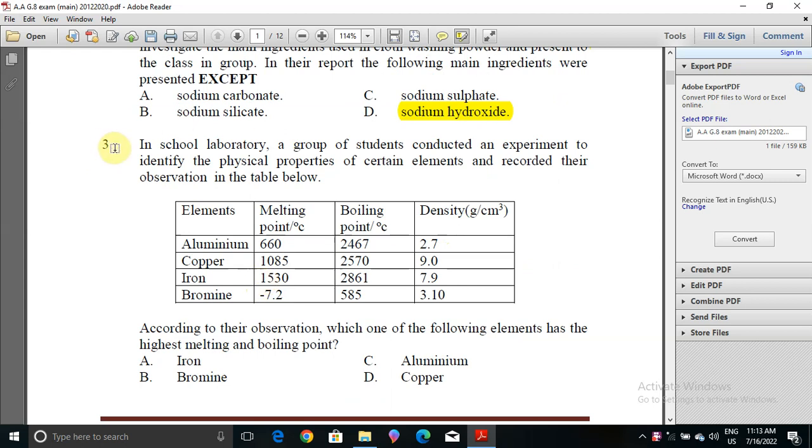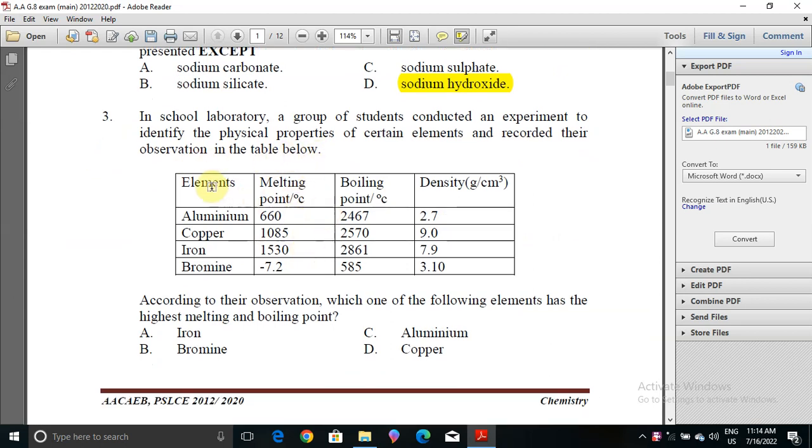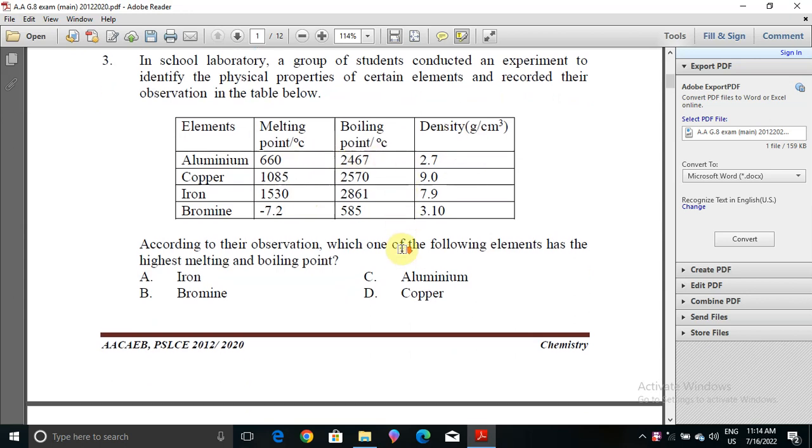Now question number 3. In school laboratory, a group of students conducted an experiment to identify the physical properties of certain elements and recorded their observation in the table below. Here we have the table, which has the elements and their melting point, boiling point and density.